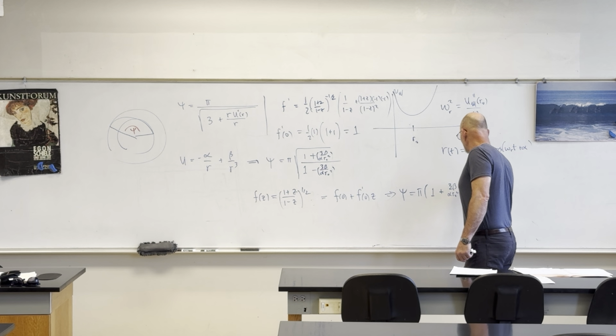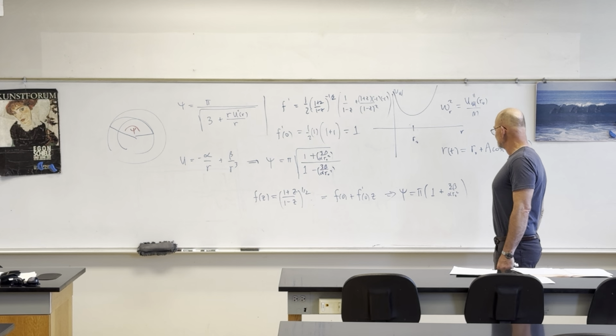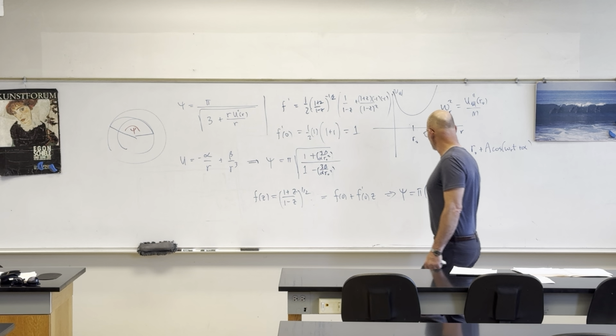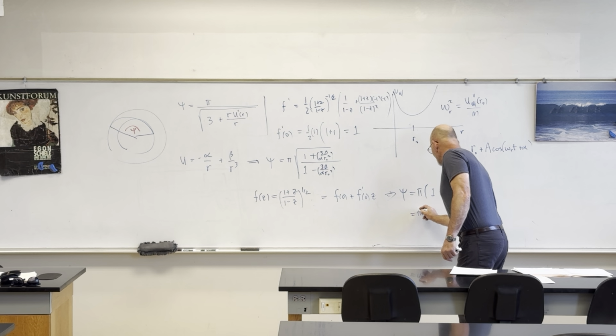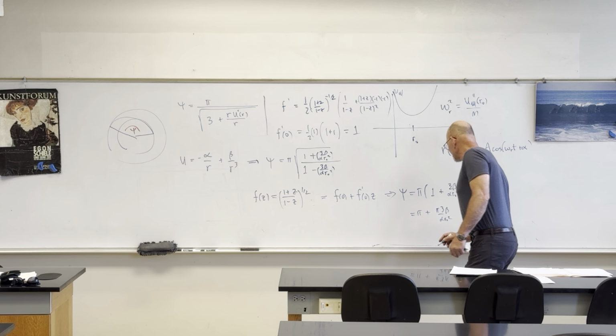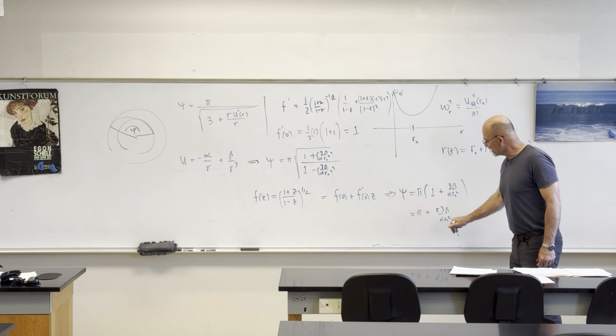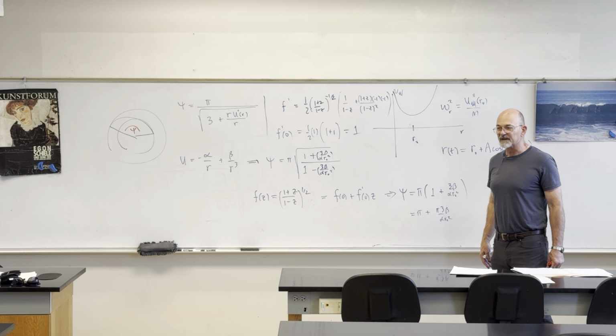Or you could write pi plus pi times 3 beta over alpha r naught squared. Either way, this is maybe better because it's pi plus something small. That's the way we want to look at it.